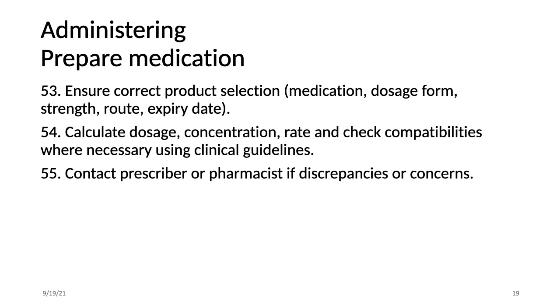After that, the nurse needs to prepare the medication, ensure correct product, and according to the name, dose, frequency, and strength. Sometime calculation needed according to the concentration, and contact prescriber or pharmacist for any discrepancy or concern.